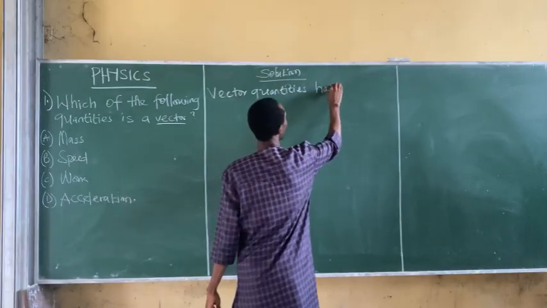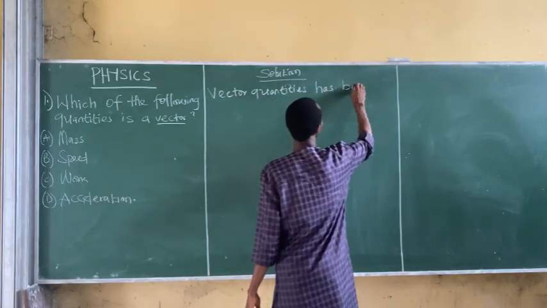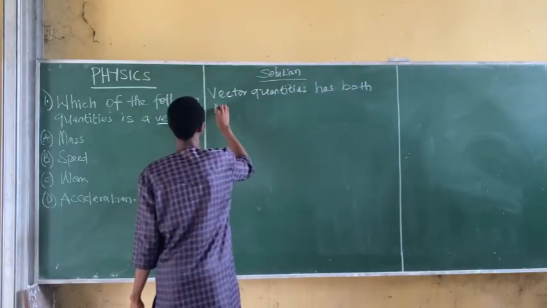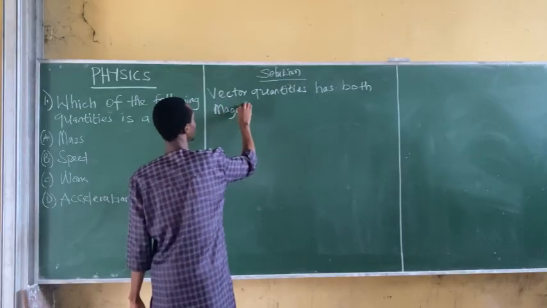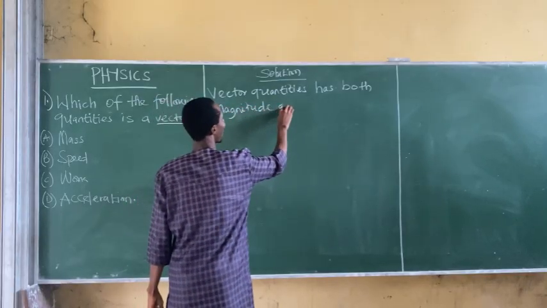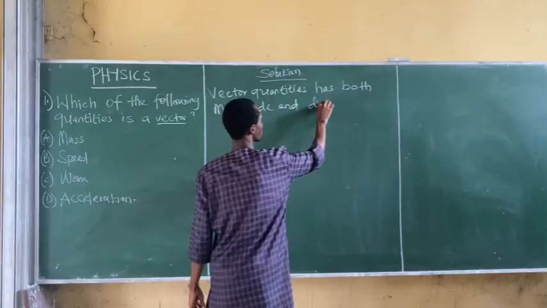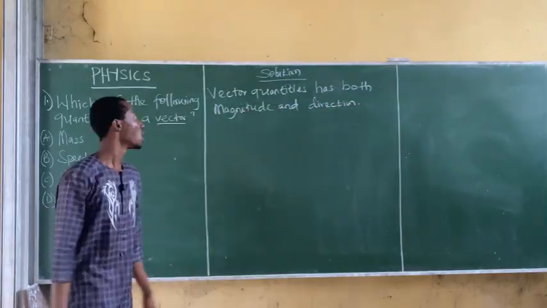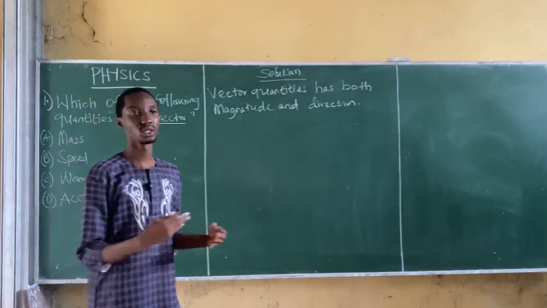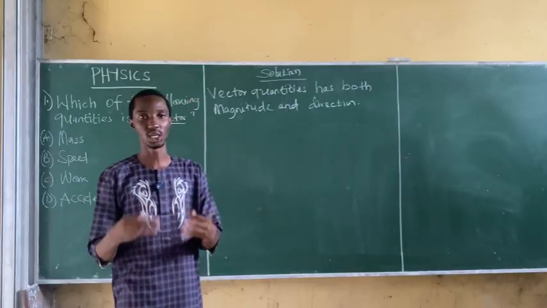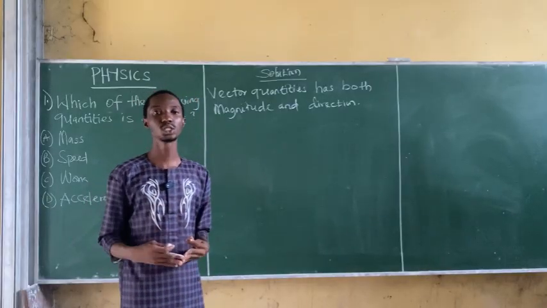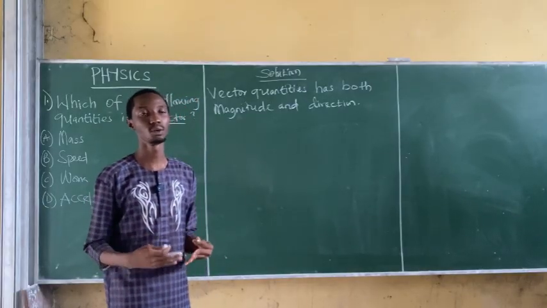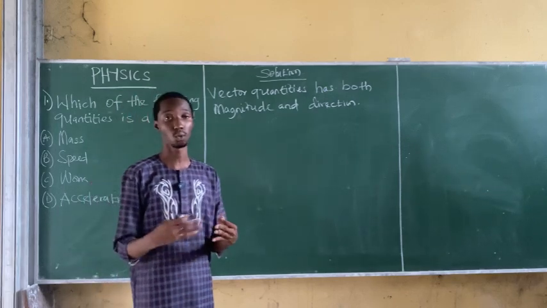If a quantity is not a vector quantity, it therefore means that quantity is a scalar quantity.